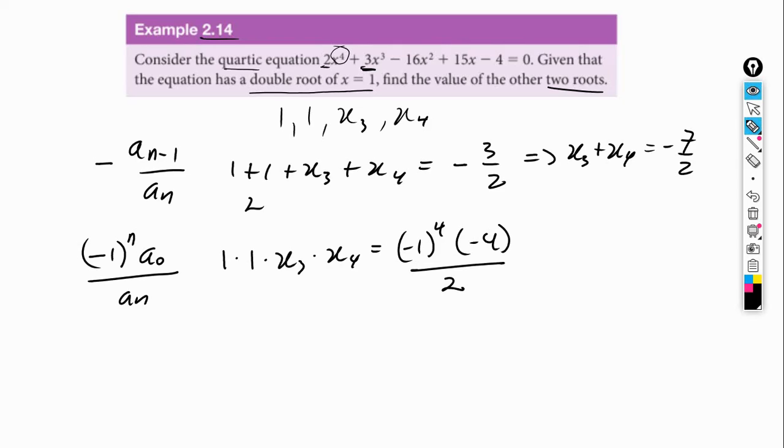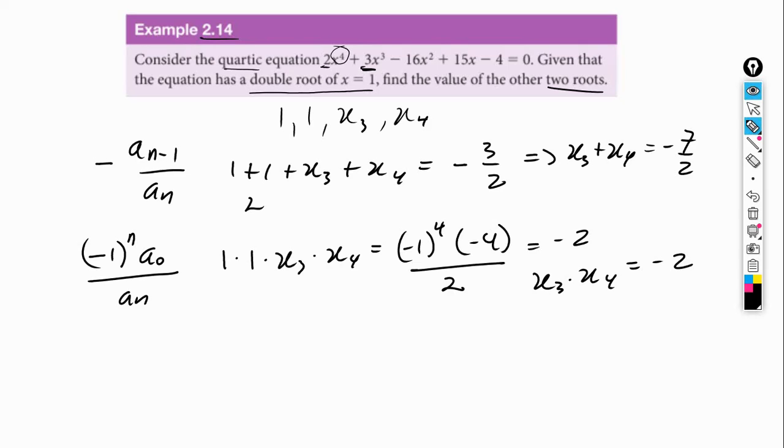And if we do the math here, we're going to get -4/2, which is -2, okay? And then, so this is equal to -2.